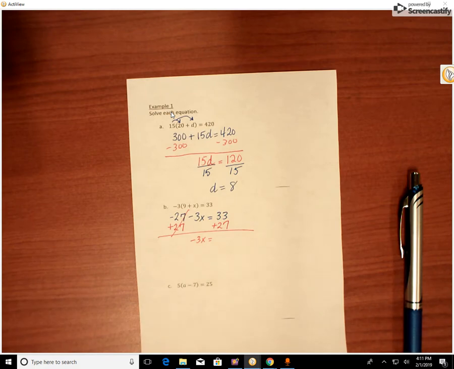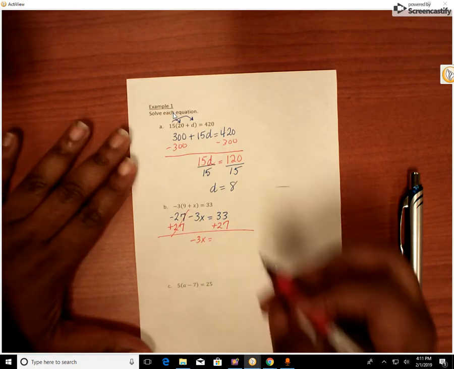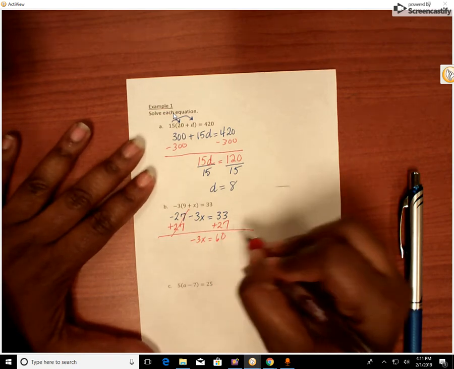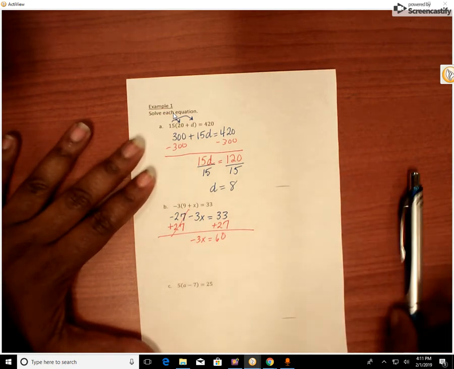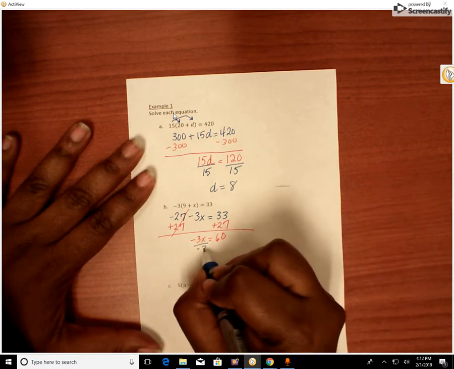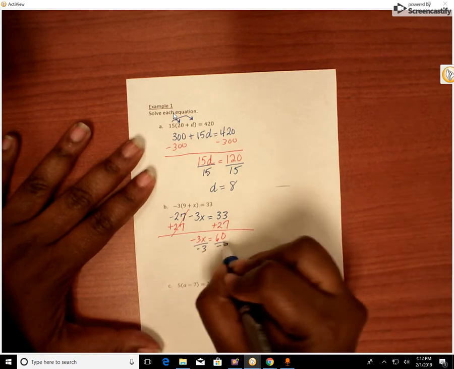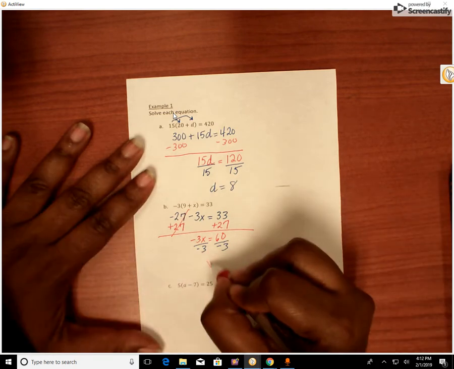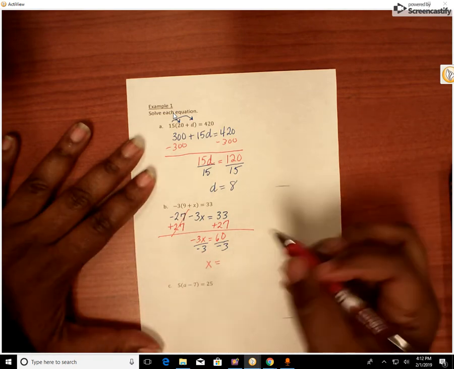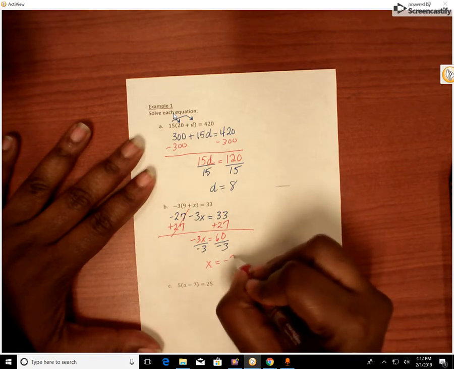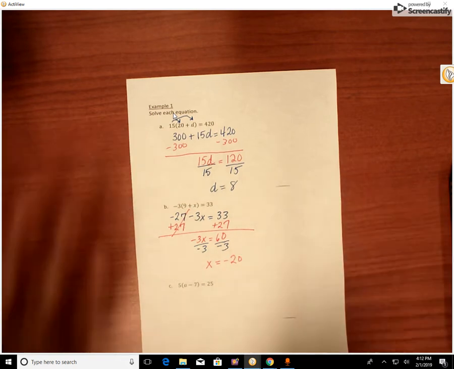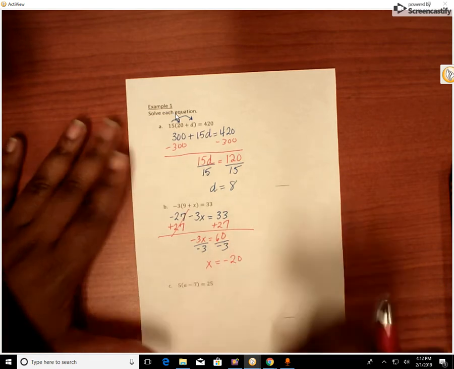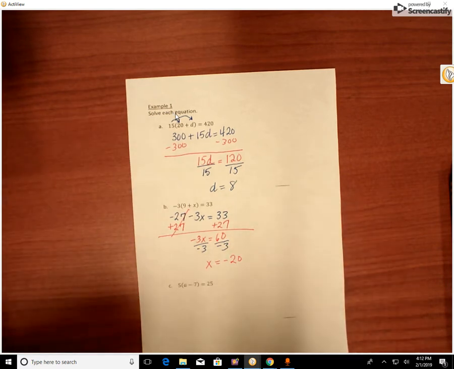It cancels out to be 0, which gives us negative 3x. 33 plus 27 is 60. We're going to divide both sides by the coefficient. So x is going to equal negative 20. And that's me looking at my calculator: I did 60 divided by negative 3, and that gave me negative 20.